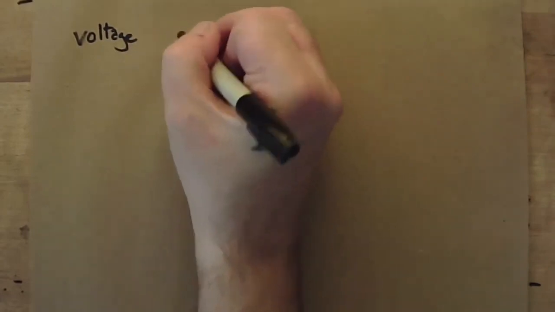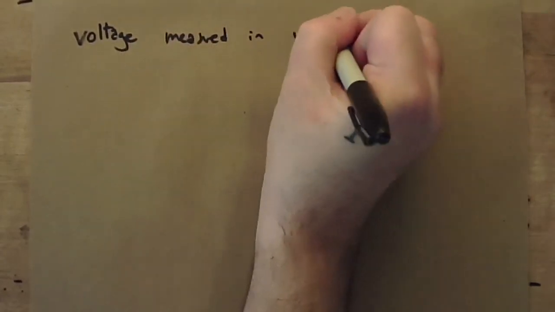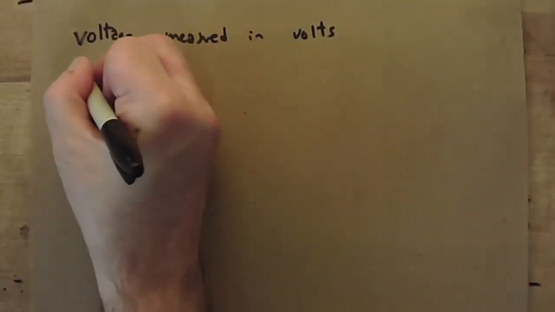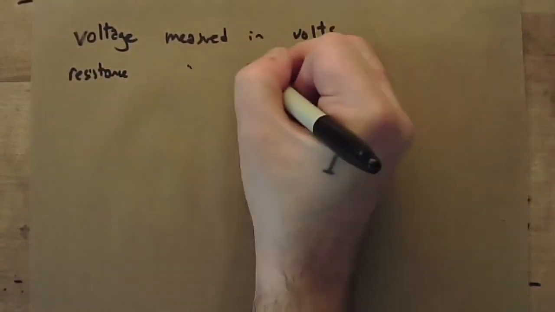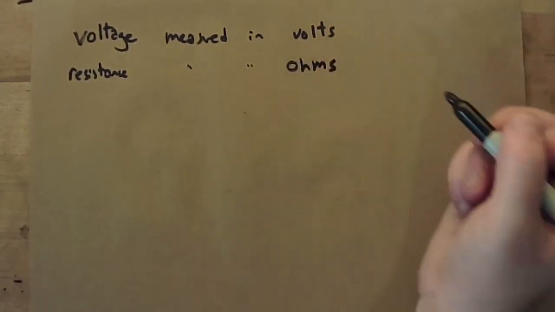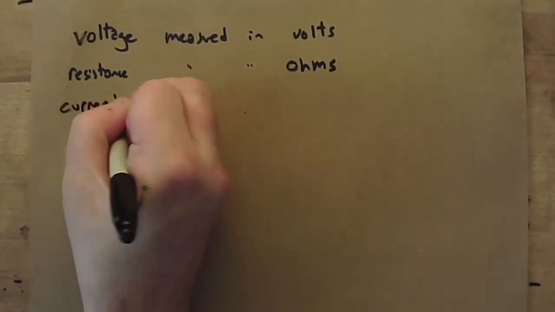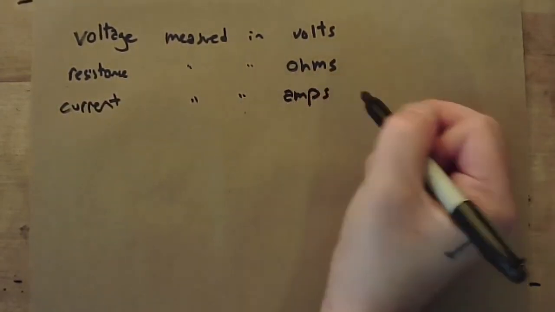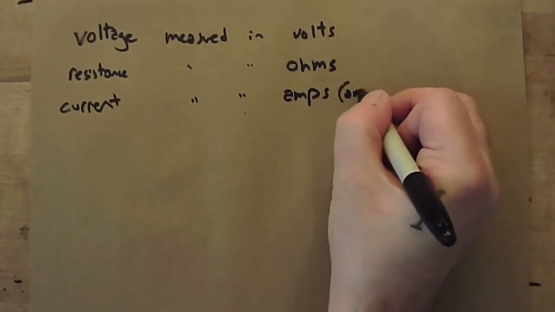Voltage is measured in volts. Resistance is measured in ohms. And current is measured in amps, which is short for amperes. I'll write that.